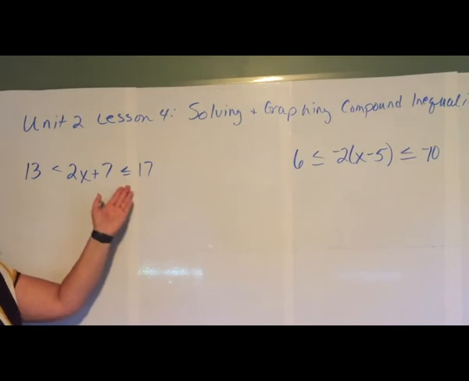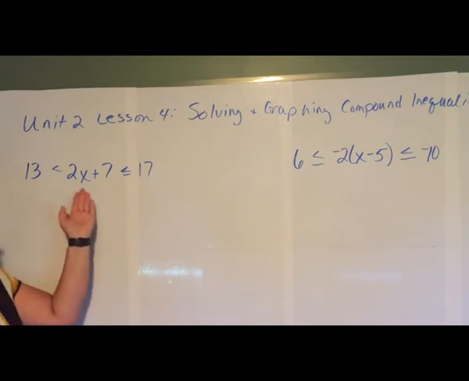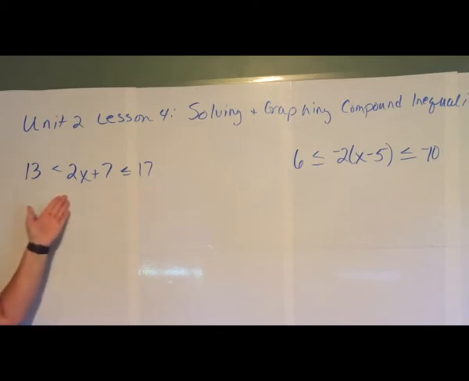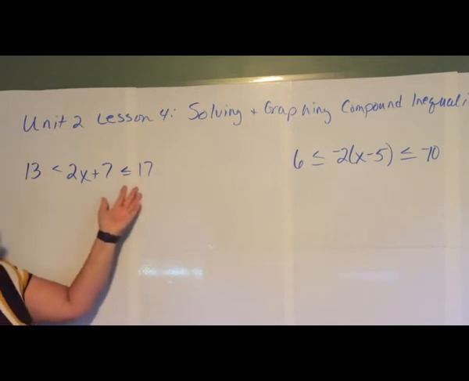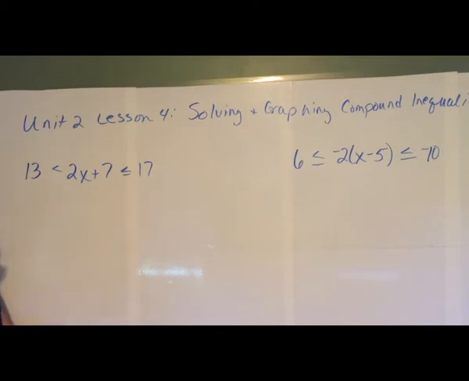In this one, we know that it's an and inequality because everything is listed as one long strand of a problem. There is no or in the problem. If it's an or, it will say or in the original problem. If it doesn't say anything and you have two inequalities in the same line, you know it has to be an and. And just like we said before, this middle section has to go with each inequality to set it up.